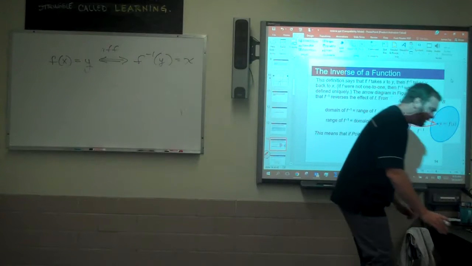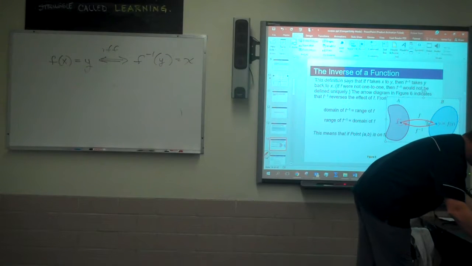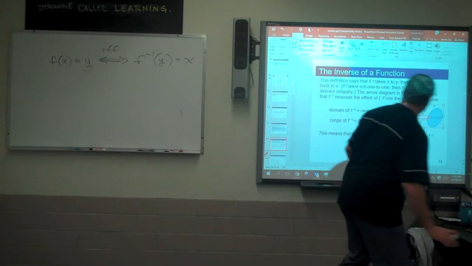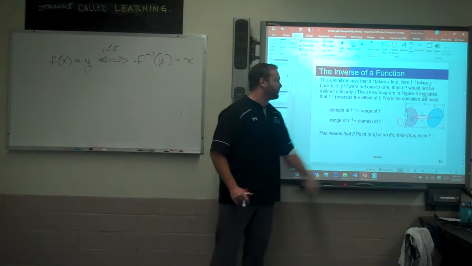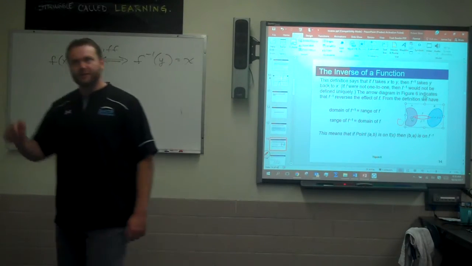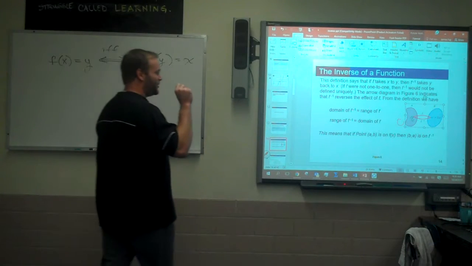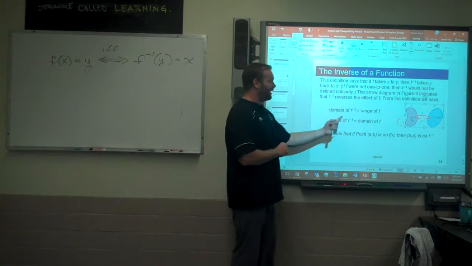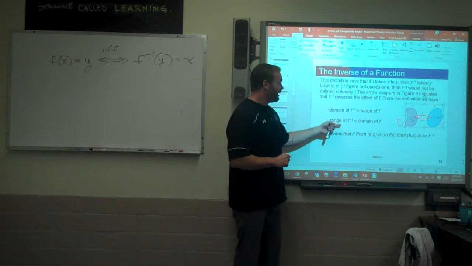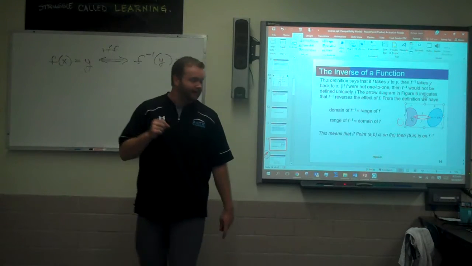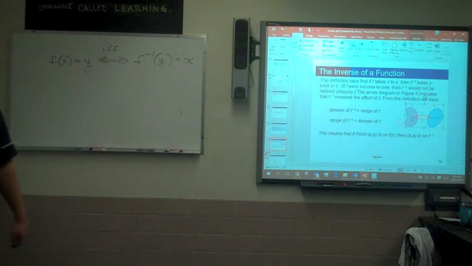They define this mapping, or this arrow diagram, this way. It says the domain of f inverse equals the range of f. So if you know the y values, the range of your original function f, you automatically know the domain values of your inverse. The range values of f inverse are equal to the domain values of f.